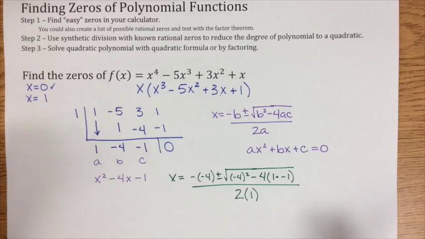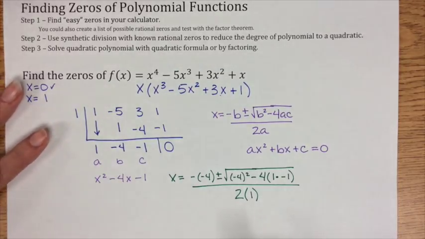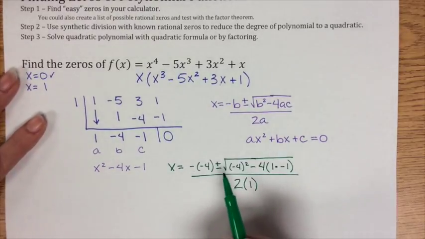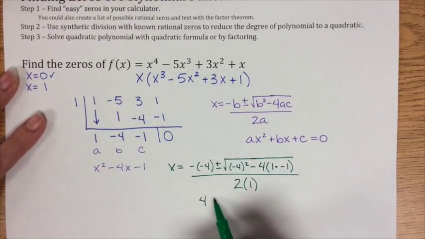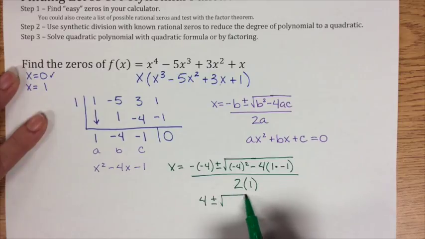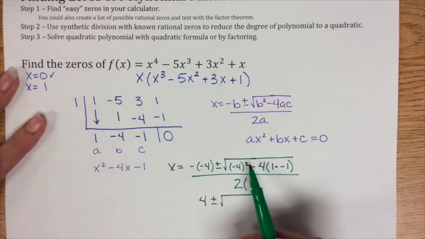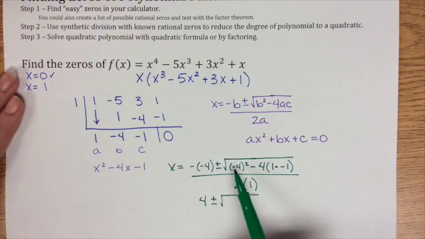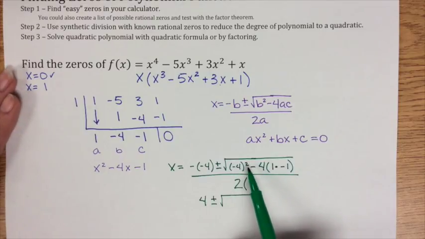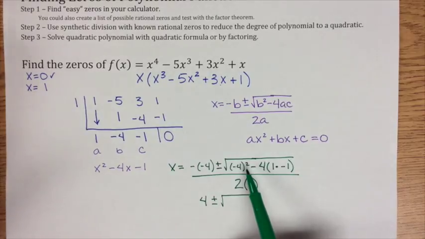So let's clean it up a little in our head, and then we can go to our calculator, and I'll show you how. So negative 4, that's positive 4, plus or minus the square root. Negative 4 squared is 16. Please be careful if you put this in your calculator and put it in parentheses. It's much better to just square a number in your head and you won't mess it up. Most of you know that a negative number squared is a positive.